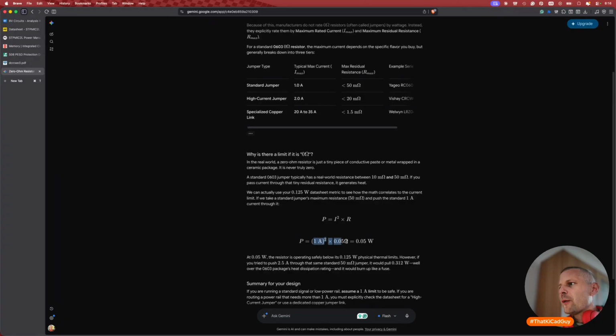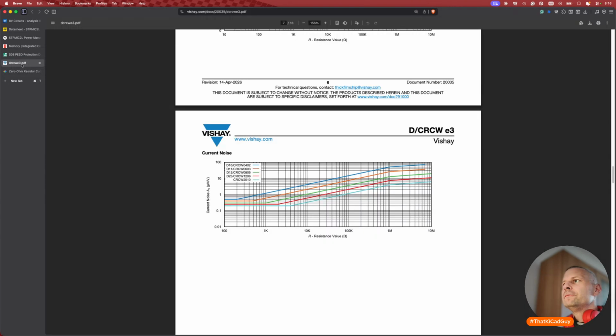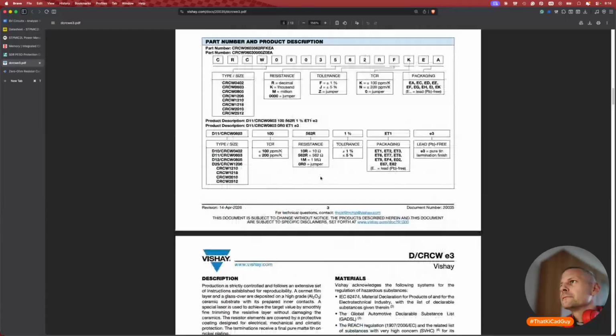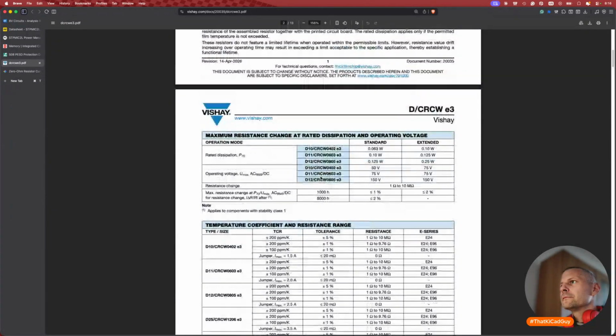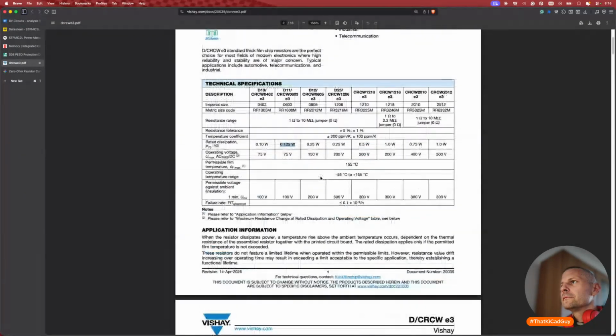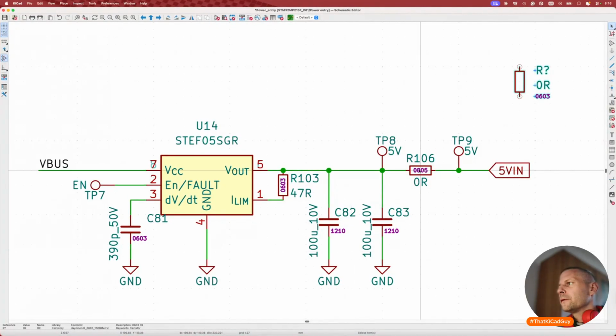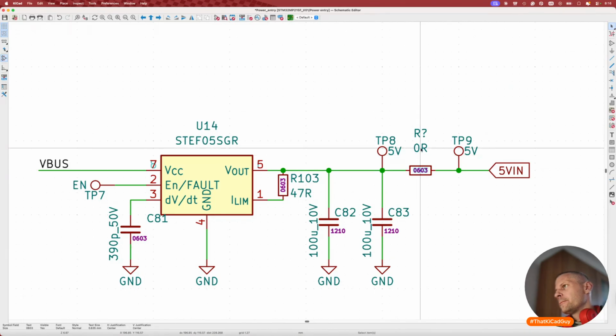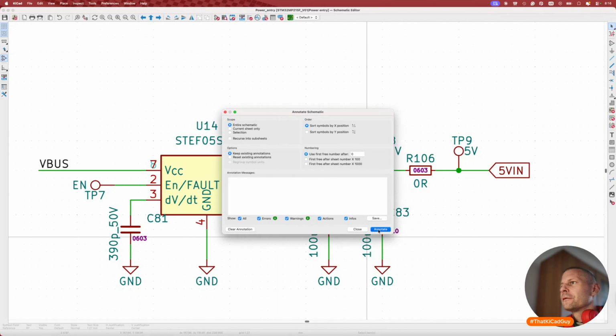Yeah, exactly. 1 amp makes 50 milliwatts, but we have... Okay, I will use it. It was R106 before.